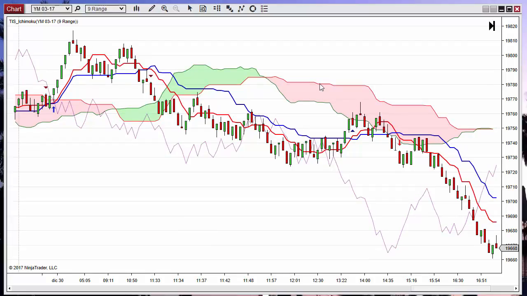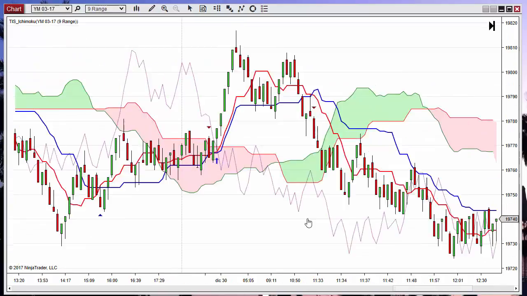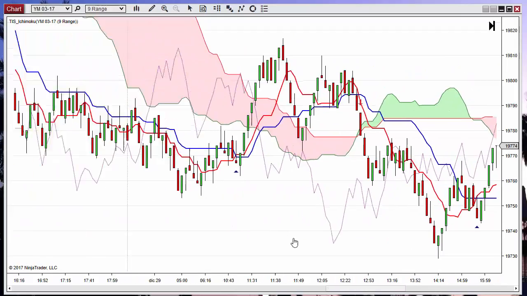The cloud is always acting as support or resistance. We are interested in using it as support for our trade.